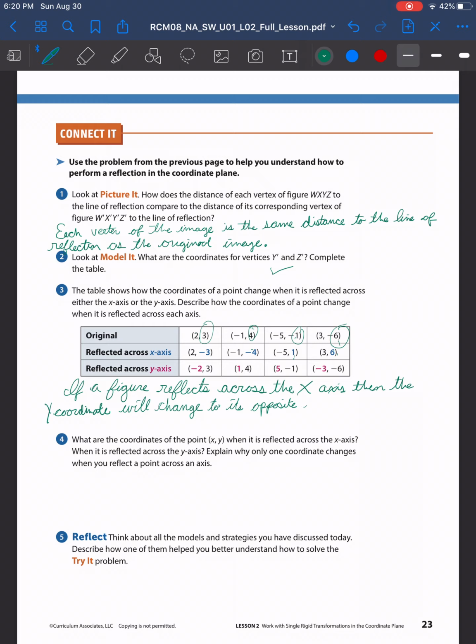I'm going to say opposite sign, because the opposite sign of 6 is -6. Now we can say the same thing with the y-axis, except it's backwards.